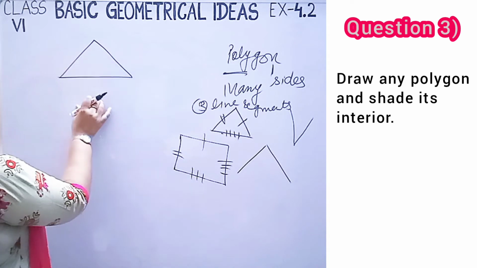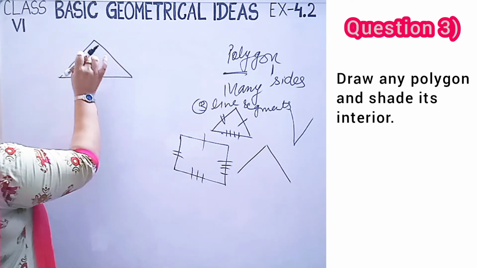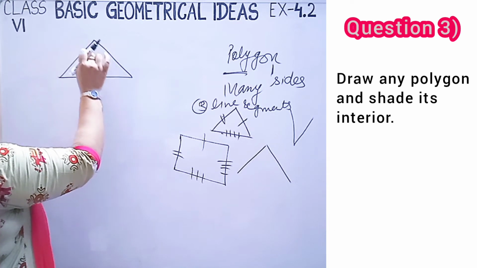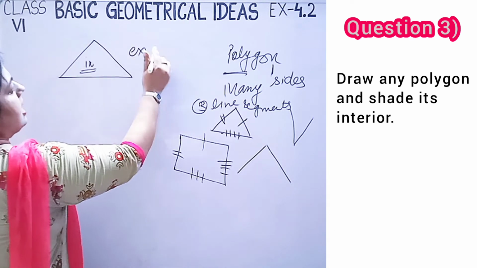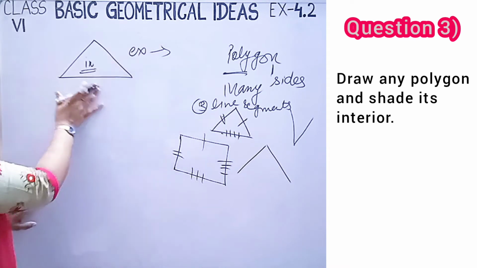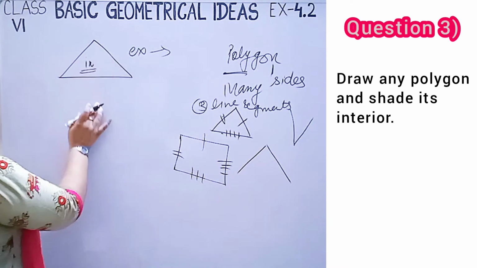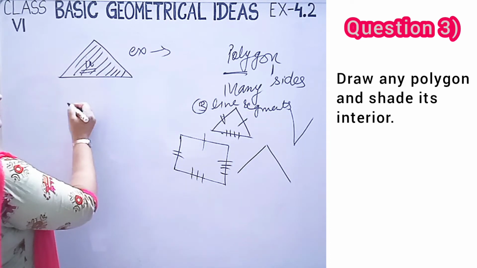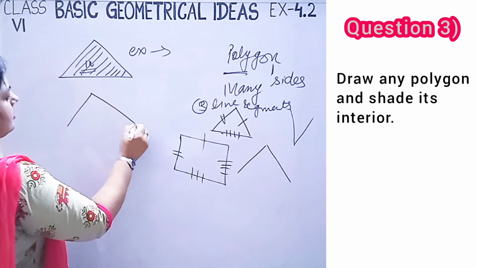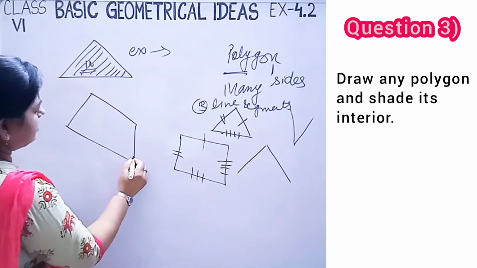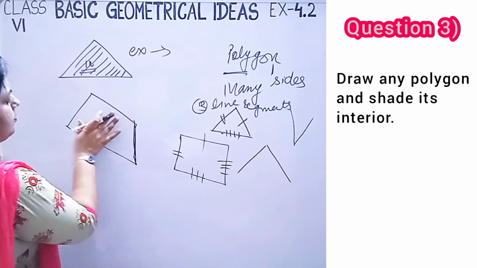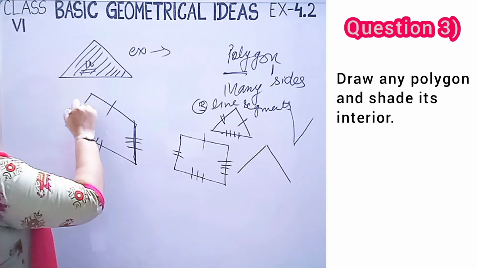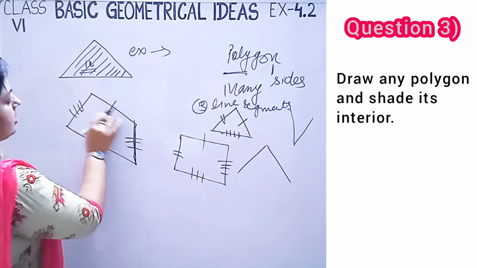What about interior and exterior? In means inside, interior, and exterior is the outside of the figure. So here we are talking about inside. We have to shade this part. Taking one more example, a quadrilateral, this is also a polygon because it has 4 line segments and it is covering an area also.